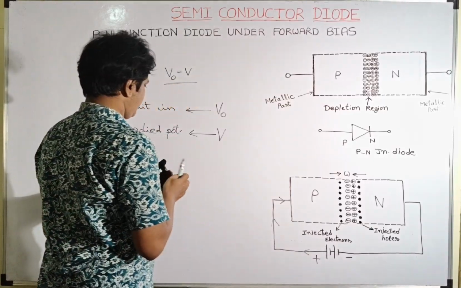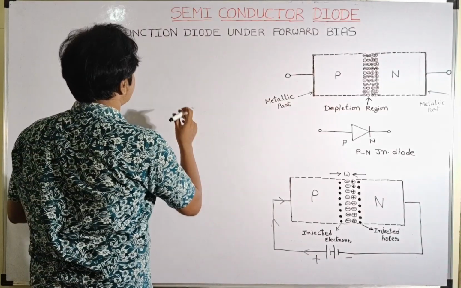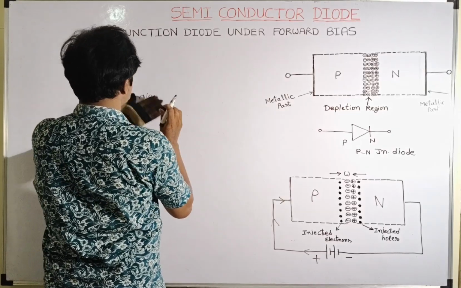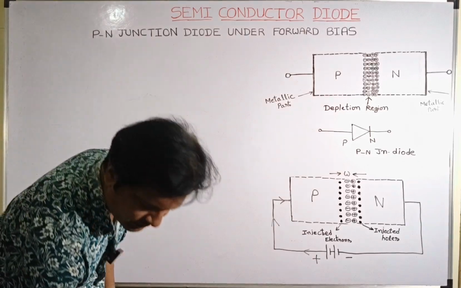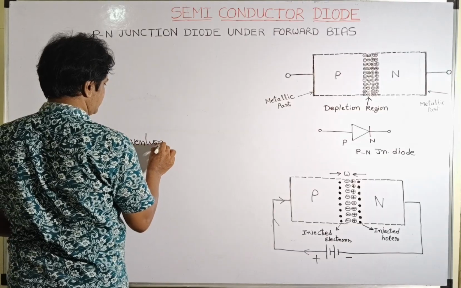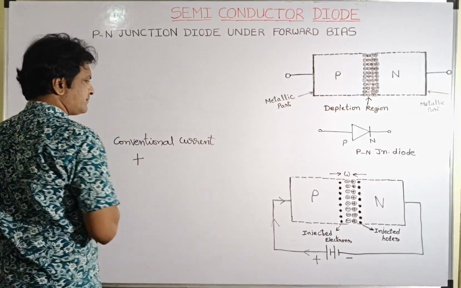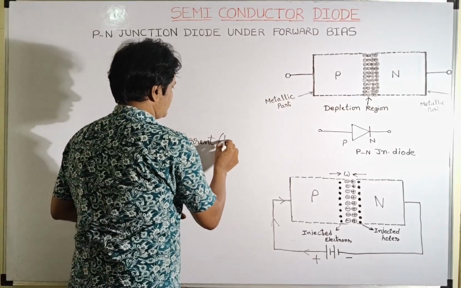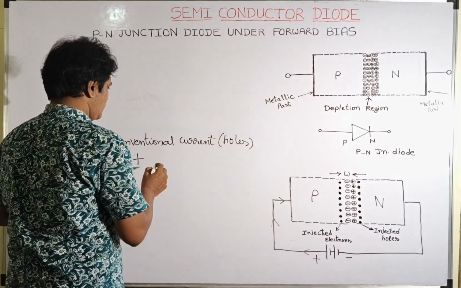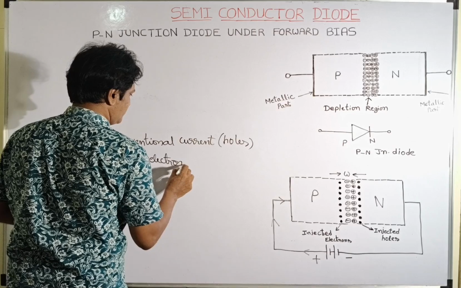So the combination of current due to hole movement, that is conventional current, plus the current due to electron diffusion, electron flow.